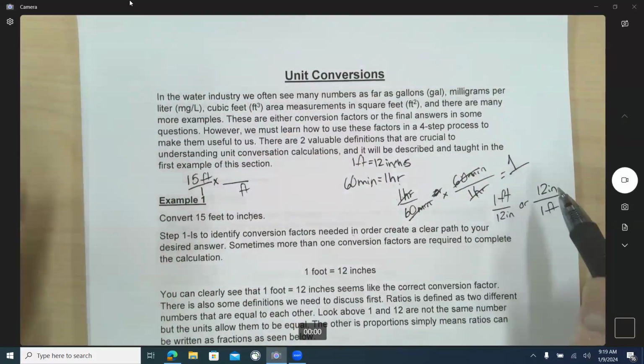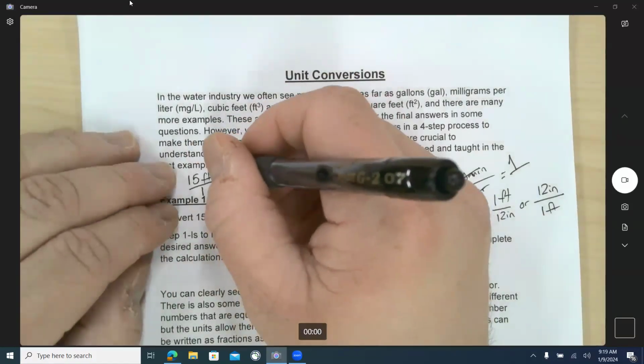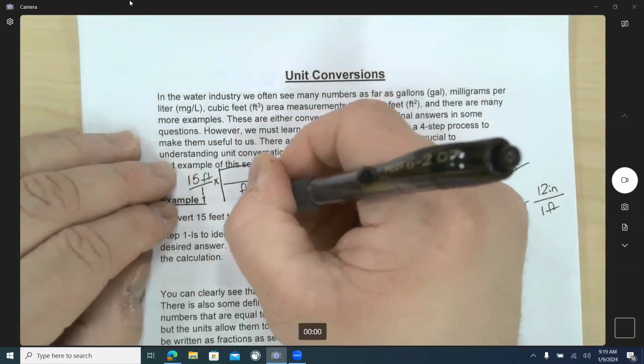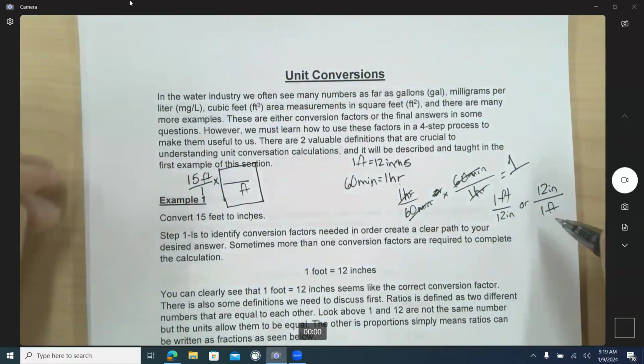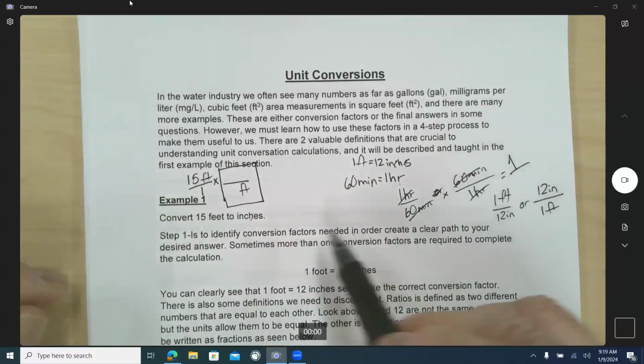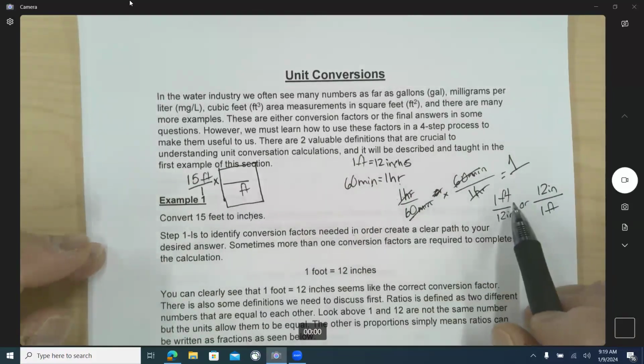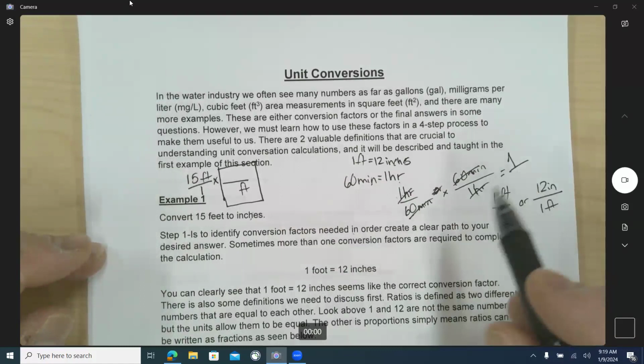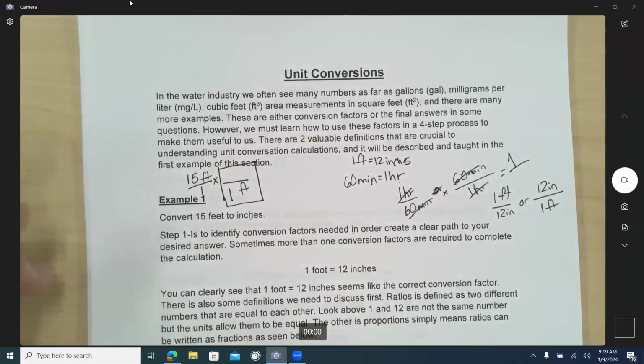And if I look at my conversion factor, in this box here, if feet have to be on the bottom, which one of these two would you choose? Well, foot goes here. Now, the only thing that can ever go with 1 foot is what 1 foot equals.